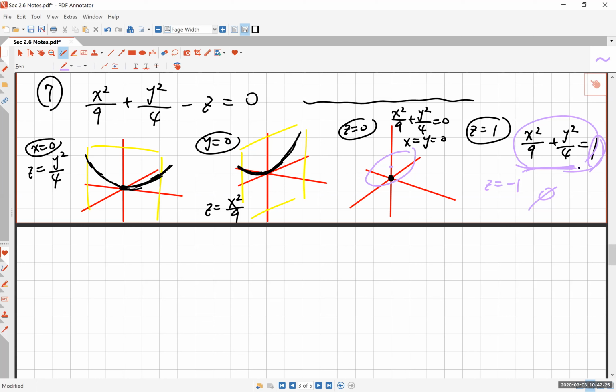So unlike the case of the double cone or elliptic hyperboloid, this time there's nothing on the bottom. And that makes sense because these are parabolas, right? So can you combine all of these things here? I think you can. What you get is something like this.